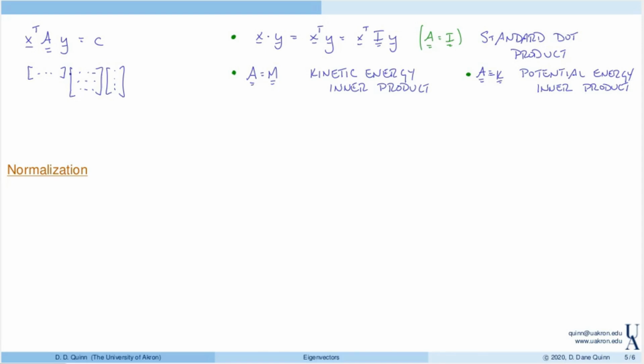So now I want to remind you that eigenvectors have arbitrary magnitude. So what that means is the length is unspecified. It's only the direction that is important for an eigenvector. That's pretty easy to see. So let's imagine that I have an eigenpair, lambda and u.